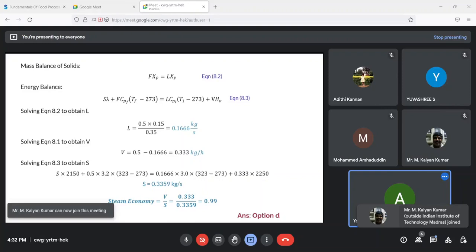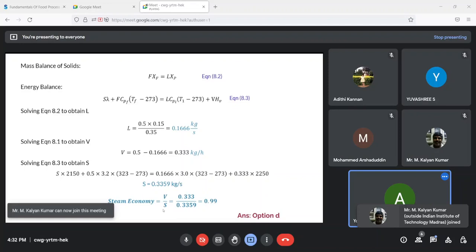So the steam economy can actually go above 1 when you're dealing with multiple effect evaporators, where vapor of one effect is fed into the other effect. The total amount of vapor that is generated is much more. So in a multiple effect evaporator, you will have V1 plus V2 plus V3. You will have multiple vapors coming out, and the total V will be equal to V1 plus V2 plus V3.